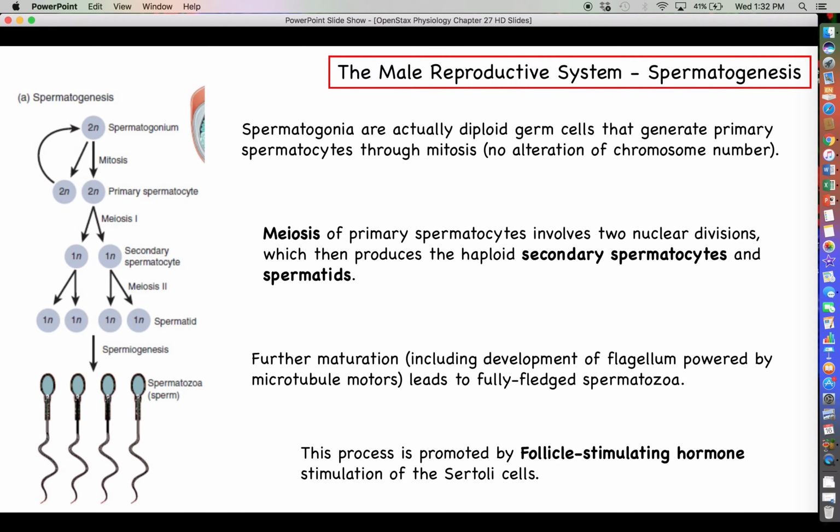This whole process, in addition to the paracrine signals coming from the Sertoli cells, is ultimately promoted by follicle-stimulating hormone. FSH, which comes from the anterior pituitary, stimulates those Sertoli cells to release those paracrine signals we were mentioning. So the presence of follicle-stimulating hormone allows the spermatogenesis process to happen again and again and again.